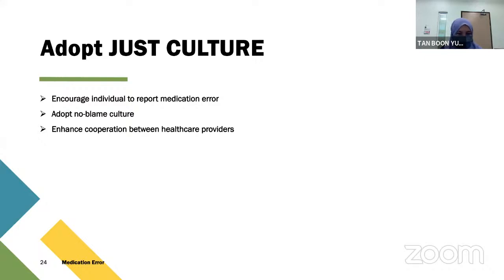Because sometimes things memang happen lah, kan kita dah follow, but things happen. So bila jadi macam ni, number one is to report, and number two is to make sure kita adopt no blame culture. The final one is to enhance cooperation between healthcare providers lah. Yang ini antara doctors, pharmacists, kita nak ada kerjasama lah antara kita.